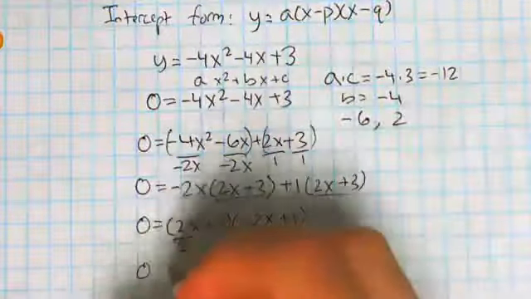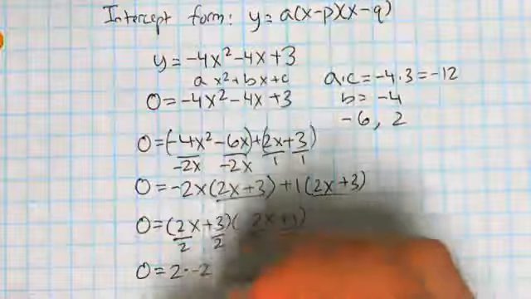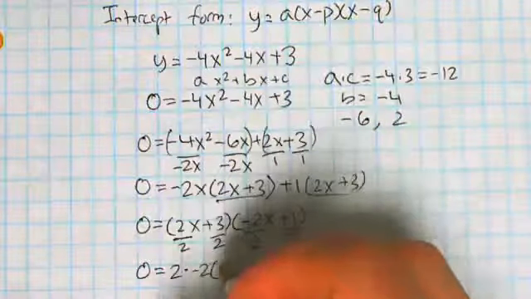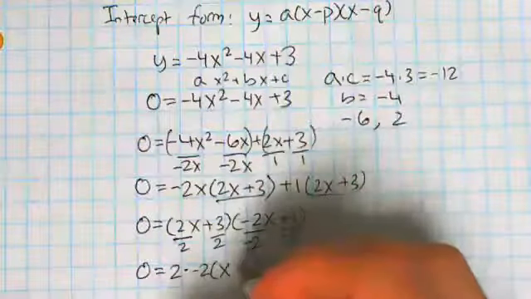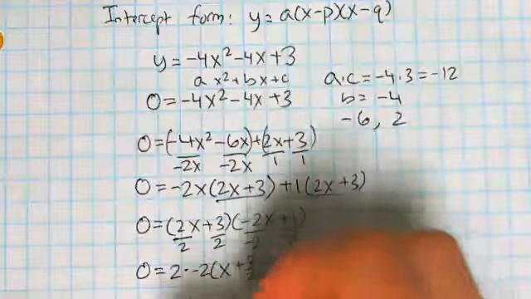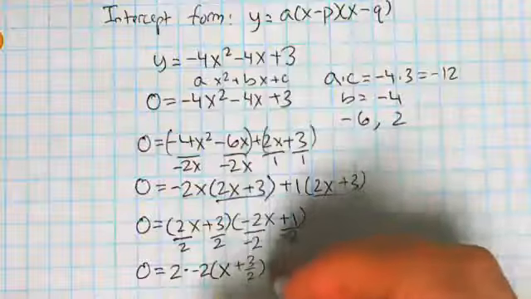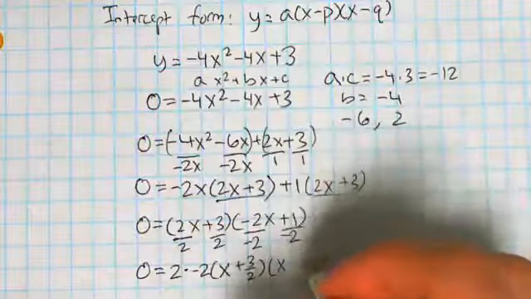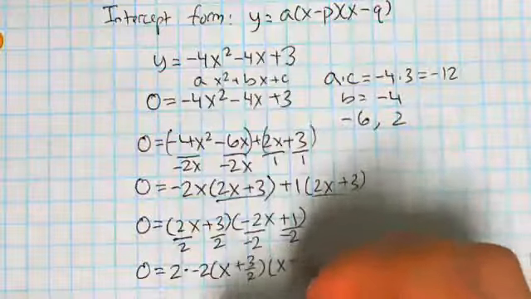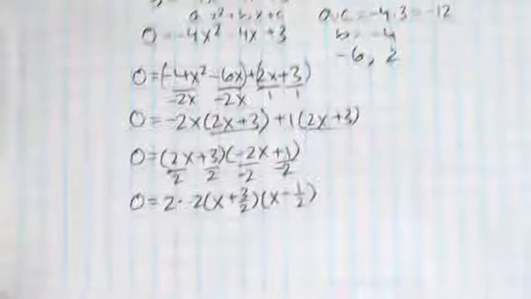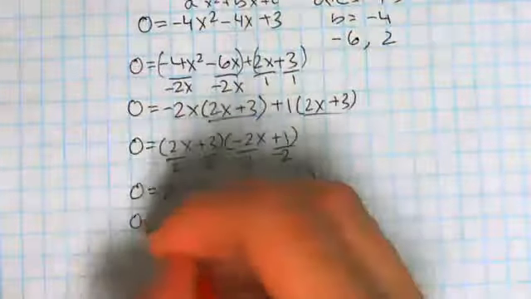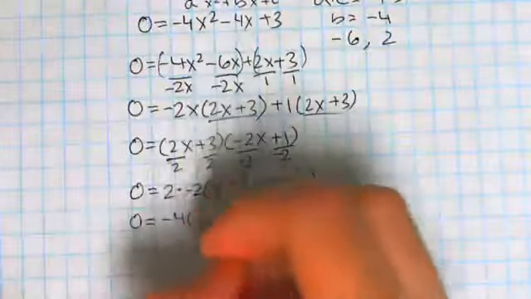We pull the 2 out, we pull the negative 2 out, so they're multiplied out front. 2x divided by 2 is x. 3 divided by 2 is just 3 over 2. Negative 2x divided by negative 2 is x. And 1 divided by negative 2 is minus 1/2. And finally, we just need to figure out what 2 times negative 2 is, and that is negative 4.